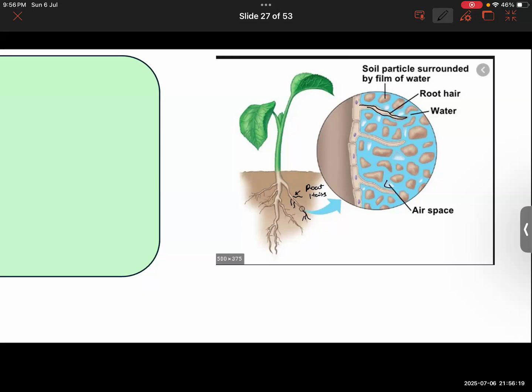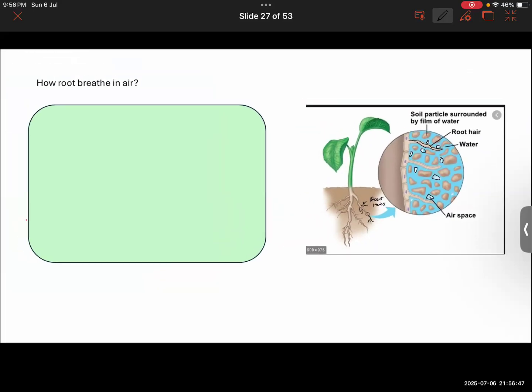Hope you can spot them. The root hairs will directly take in oxygen from these air spaces. So these root hairs can directly absorb the air that is present in the soil. Hope this point is clear.